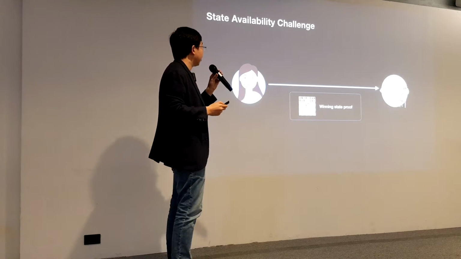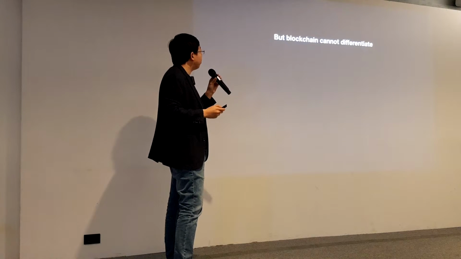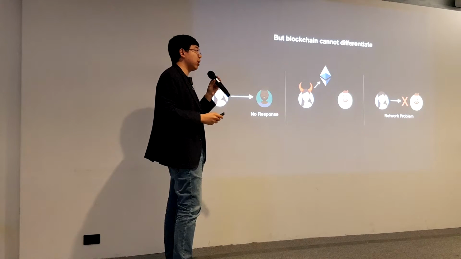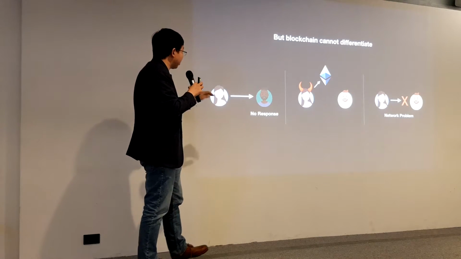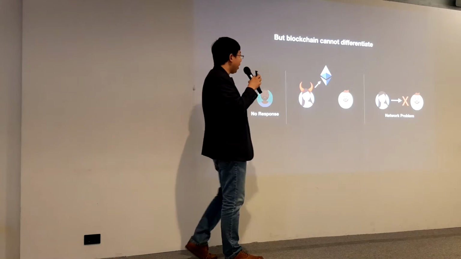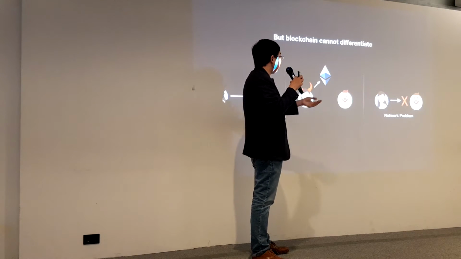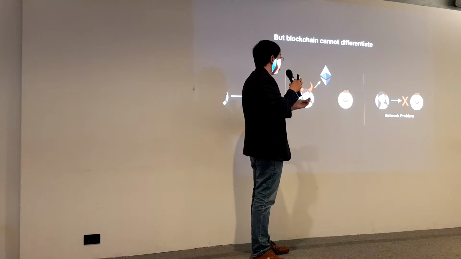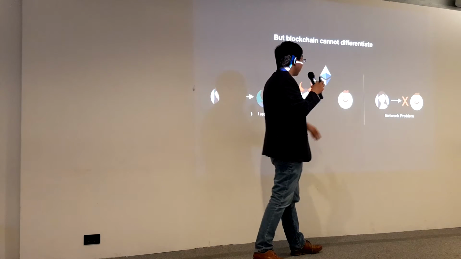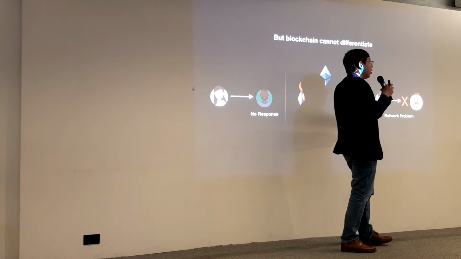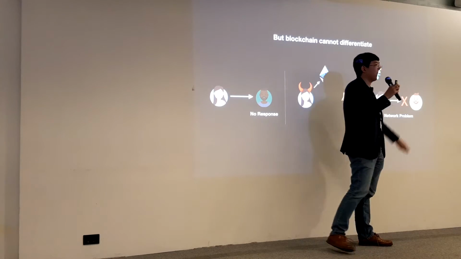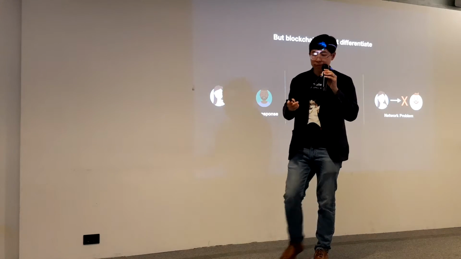Well, no, because the blockchain cannot really differentiate between these three scenarios. The first is that Bob is really not responding, and the second is that Alice is maliciously saying that Bob is not responding, but actually Bob is fully responding. And it can also be that it's not their fault; it's just that the network connection between them is not available right now.